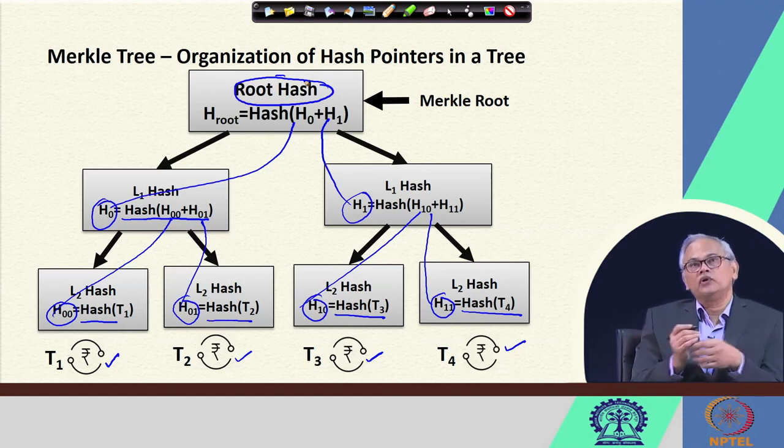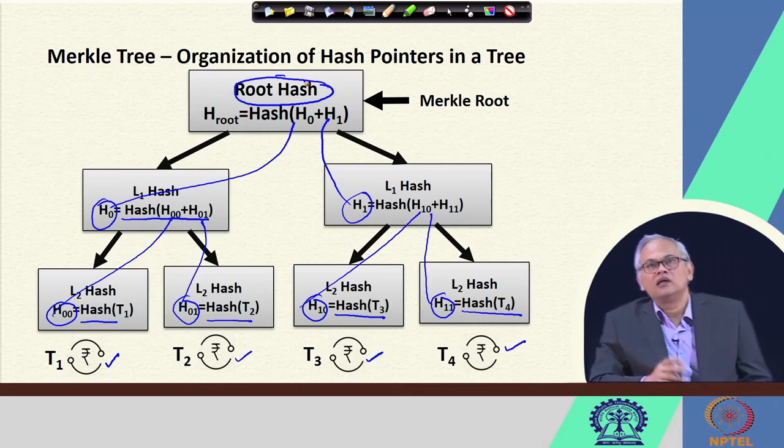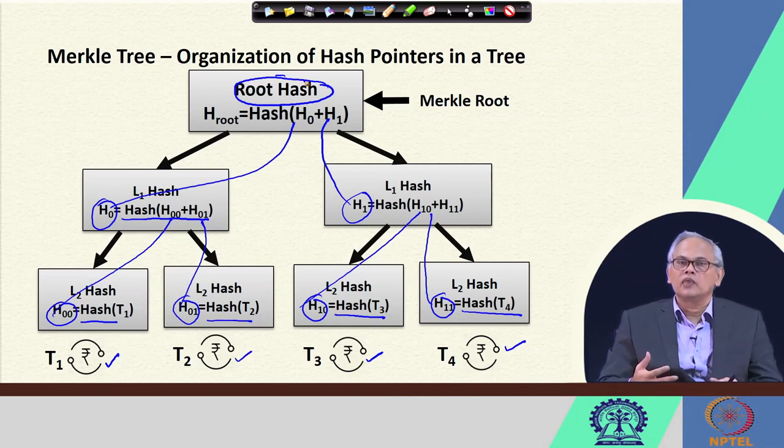This is a way in which we organize hash pointers in a tree, and as we will see later, the Merkle tree is what is used for storing transactions in blocks in a blockchain.